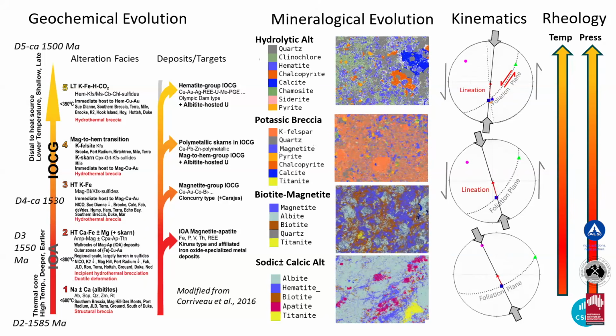So we're going from hot, probably D2 in Cloncurry, for those familiar, 1585, through D3, D4, potentially getting somewhere near D5. So it's pretty good evidence that it's actually a protracted evolution. You're going from fairly high temperature and pressure to low temperature and pressure. But also with that, and I didn't really touch on this too much, the kinematics are changing as well.